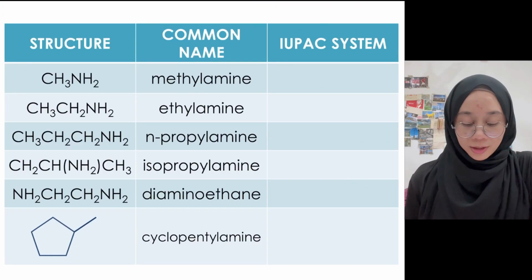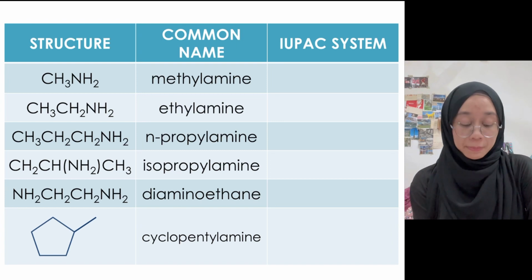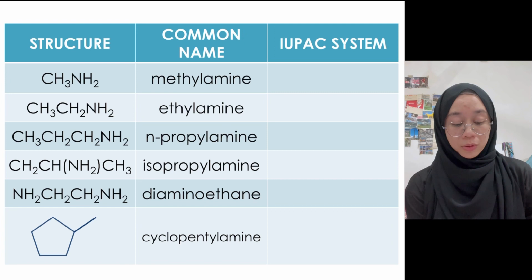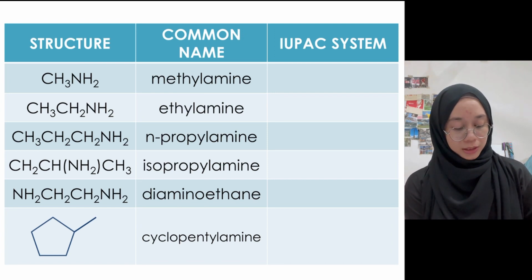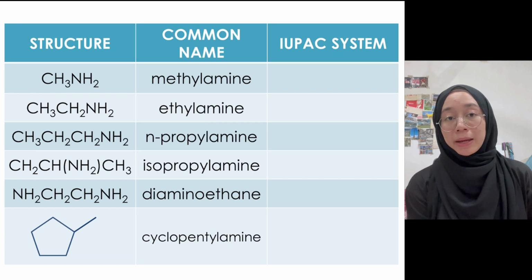Okay, right, so now kita nak tengok naming untuk primary amine. Okay, so as you can see, Miss ada letak juga column untuk common name. So untuk in the first structure here, which is amine with 1 carbon. Okay, so whereby untuk uni class, bila kita tengok common name ni dia guna kata belakang amine je.